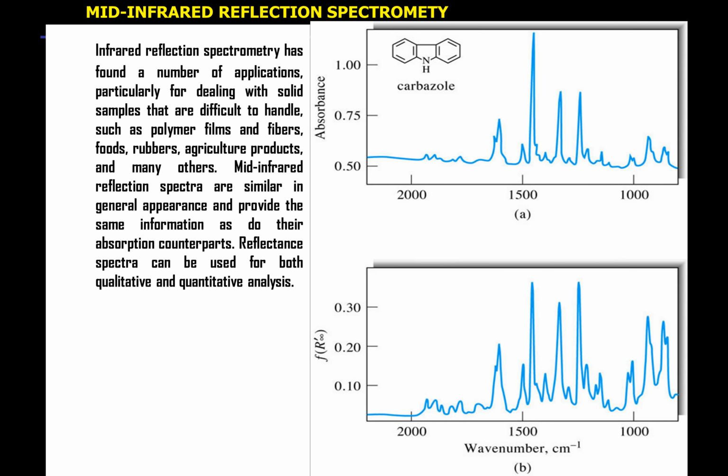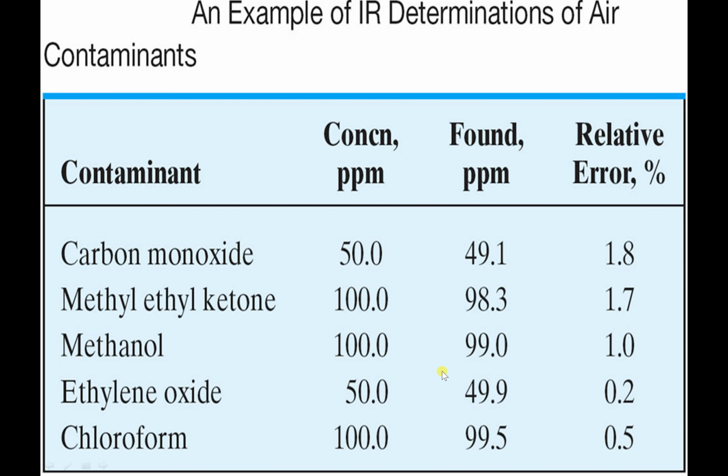Mid-infrared reflection spectra are similar in general appearance and provide the same information as their absorption counterparts. Reflectance spectra can be used for both qualitative and quantitative analysis. Here we have given an example of carbazole and an unknown, and they can be matched. This is an absorption spectrum and this is a reflectance spectrum.